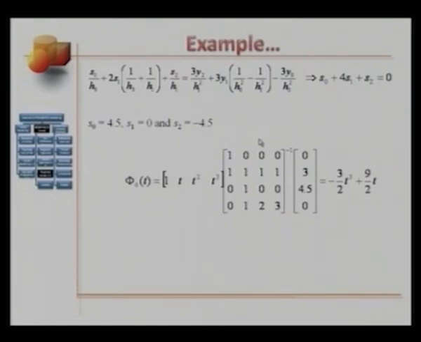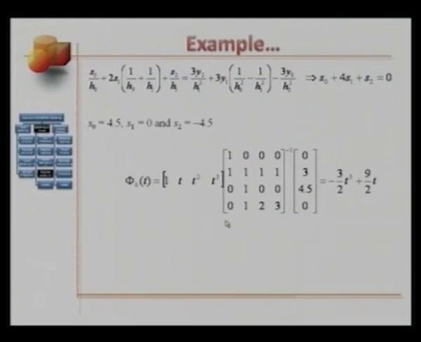If we compute what phi 0 of t is, this is [1, t, t squared, t cubed]. We would be able to compute what the coefficient matrix is. You would need to compute the inverse of that, and we'll have y0, y1, s0, and s1 here.